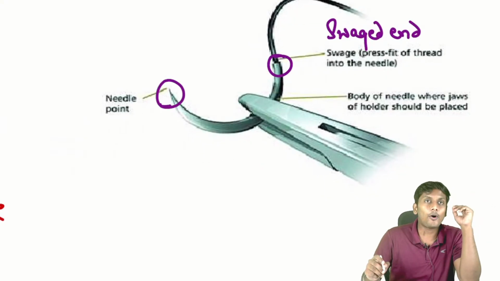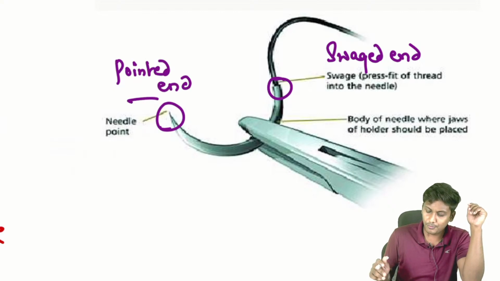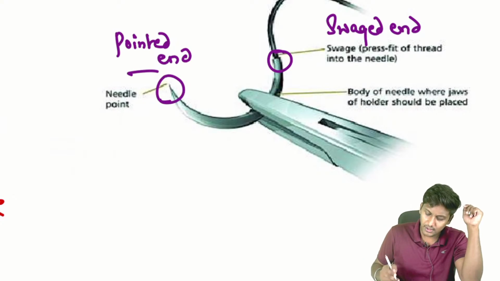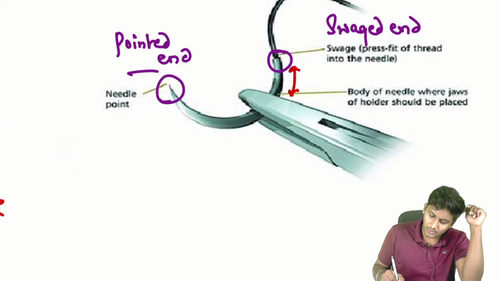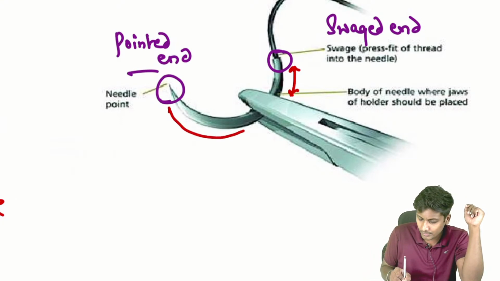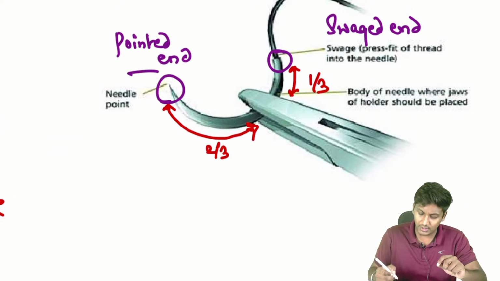Whereas the point, the sharp point, is called the pointed end. Where do we hold the needle with the needle holder then? It is 1/3 from the swaged end and 2/3 from the pointed end. Can you see? 1/3 from here and 2/3 from here. That is the best site to hold the needle with the help of a needle holder.